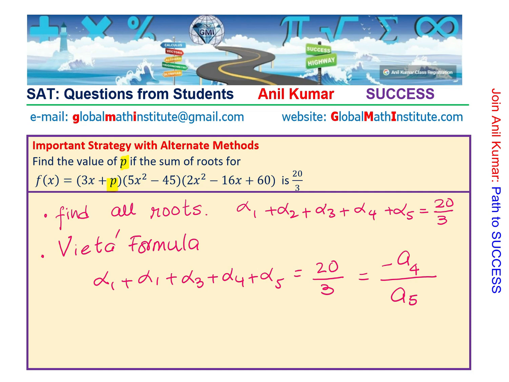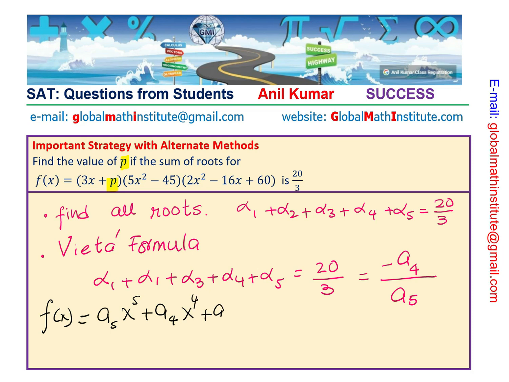Since this function f(x), when you expand, will be of the form a5 x to the power of 5 plus a4 x to the power of 4 plus a3 x cube plus a2 x square plus a1 x plus some constant, so we'll say a0.